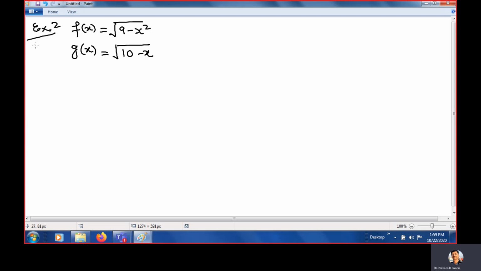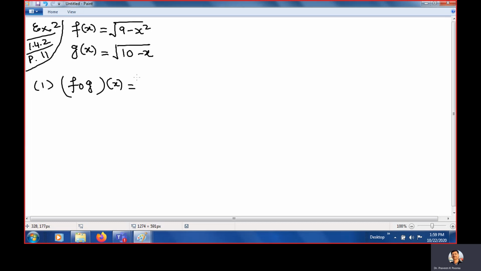This is on page 11 in your material. So fx is given, gx is given. What do we need to calculate? We need to calculate three things. First we need to calculate f composition g of x.